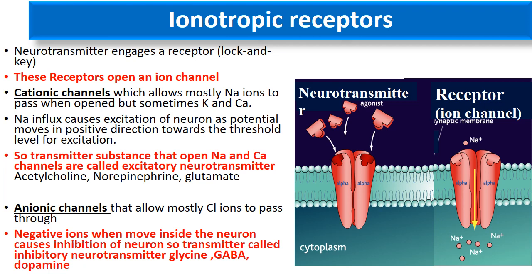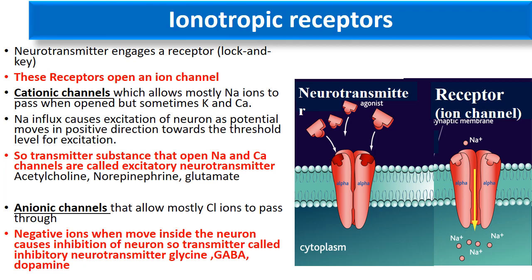So such a neurotransmitter that opens the sodium channel is known as an excitatory neurotransmitter, because when sodium moves inside, it will cause excitation. Examples are acetylcholine, norepinephrine, glutamate, to name a few.